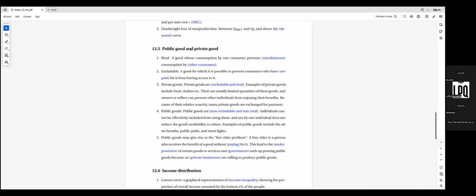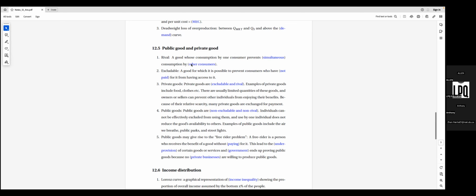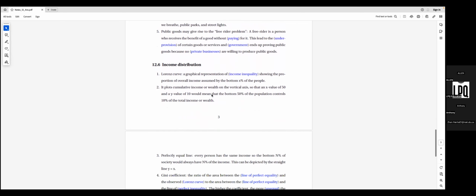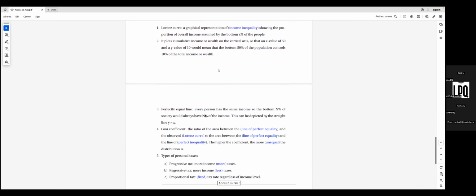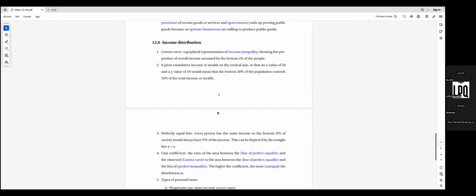You should be able to tell the difference between so-called public goods and private goods. The third one we will learn is, in the field of economics, the most basic method for measuring income inequality.